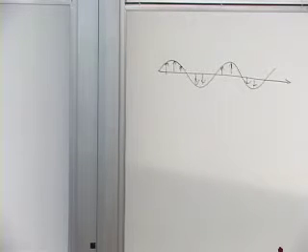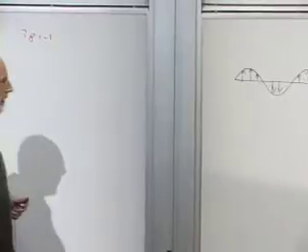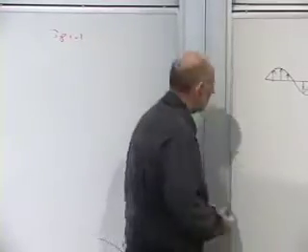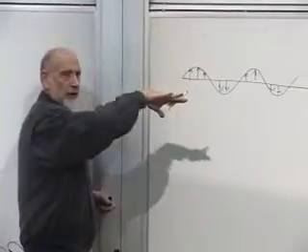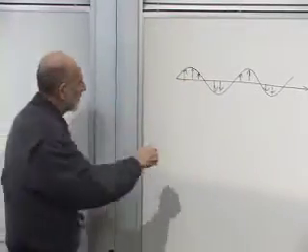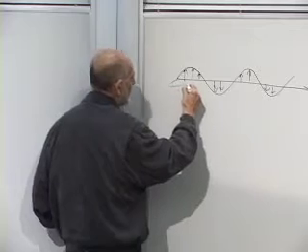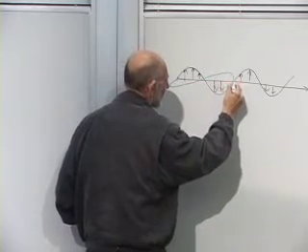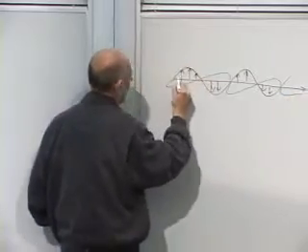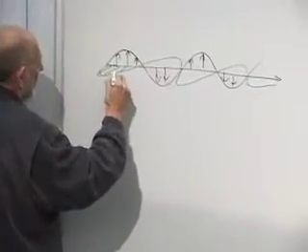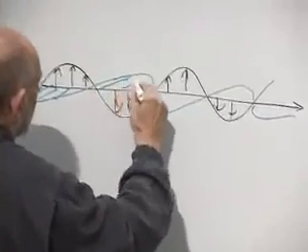And the magnetic field is always perpendicular to the electric field. Let's try to draw it, see if I can give a drawing. I'm imagining the electric field is in the horizontal plane, and the magnetic field is always perpendicular, like so.